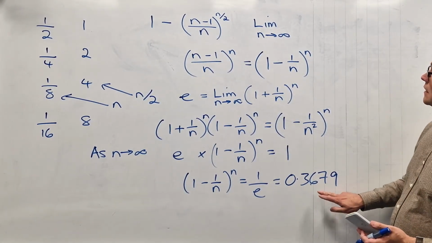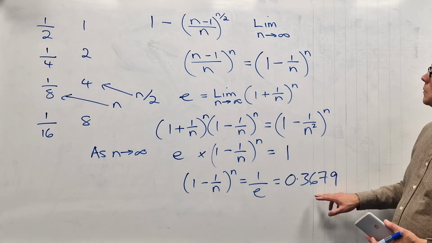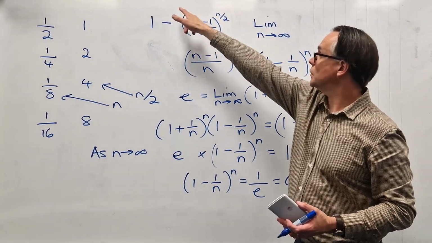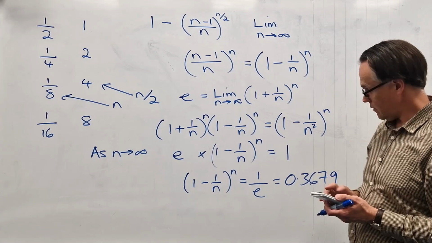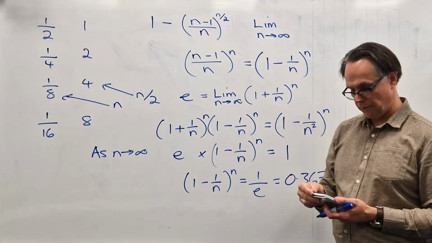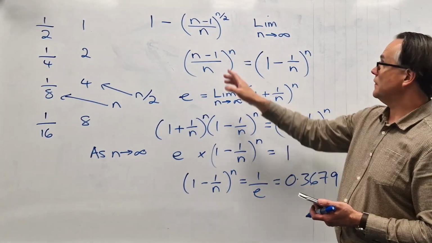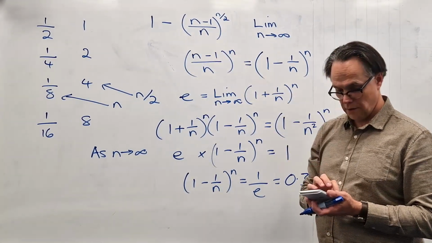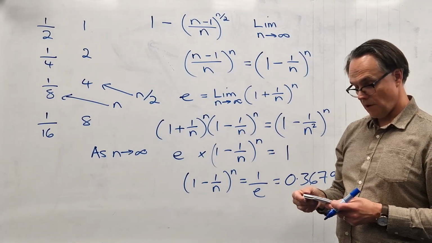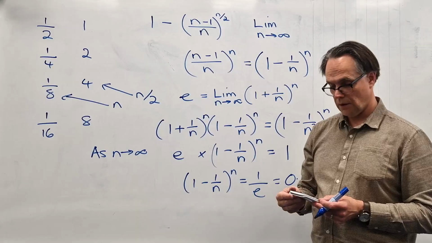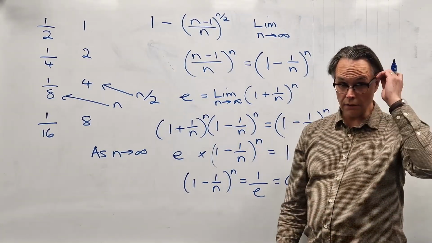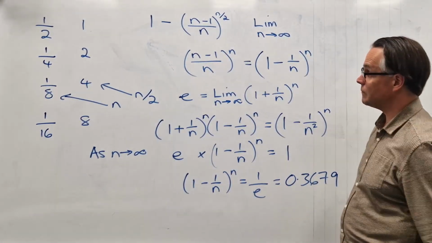But this, now, if we square root this, that should give us where this is headed to. So I'll square root this number. That gives us 0.60653. And if I subtract that from 1, we get 0.3934693, which is exactly what I got on the computer using Excel.